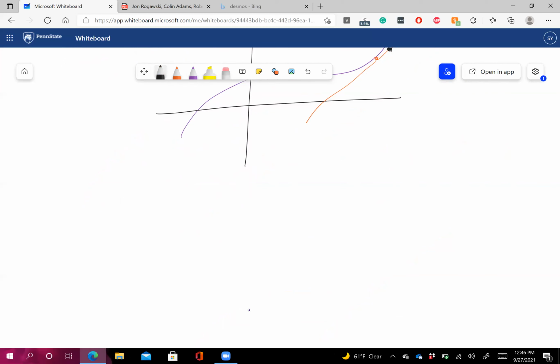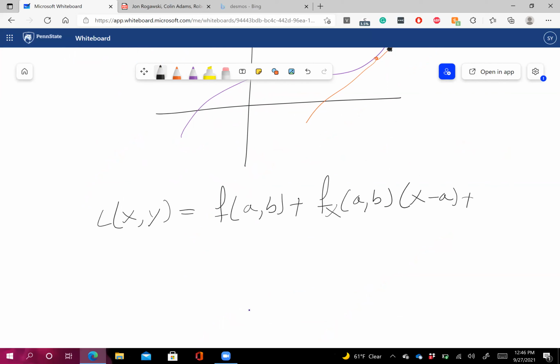So we first call L of xy this tangent equation that we found, f of AB plus fx at AB times x minus a, plus partial of f with respect to y at AB times y minus b.